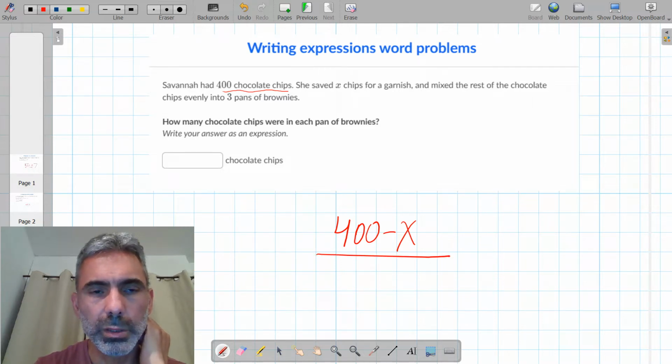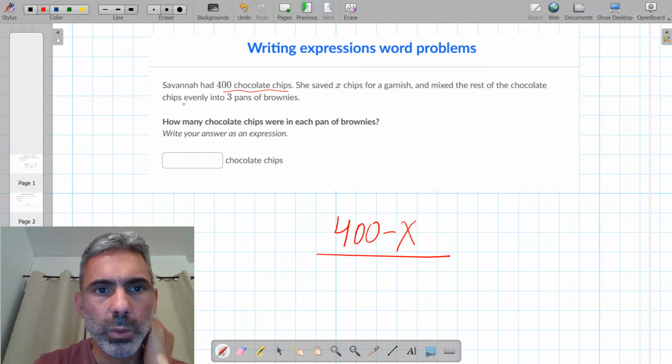So the amount of chips that was left after she saved the X chips for garnish was divided into 3 pans of brownies. How much chocolate chips were in each pan of brownies? In each pan of brownies, this is the amount of chocolate chips that she split between the 3 pans, because this is the initial amount that she had.